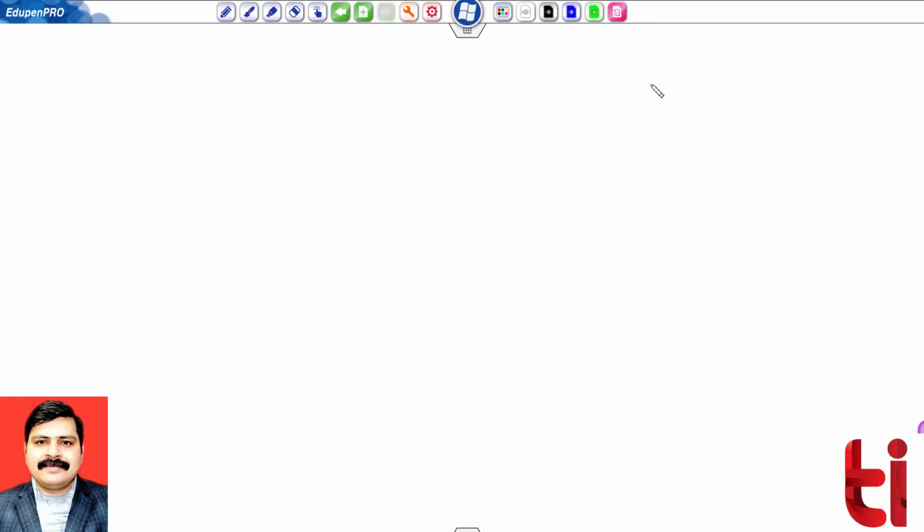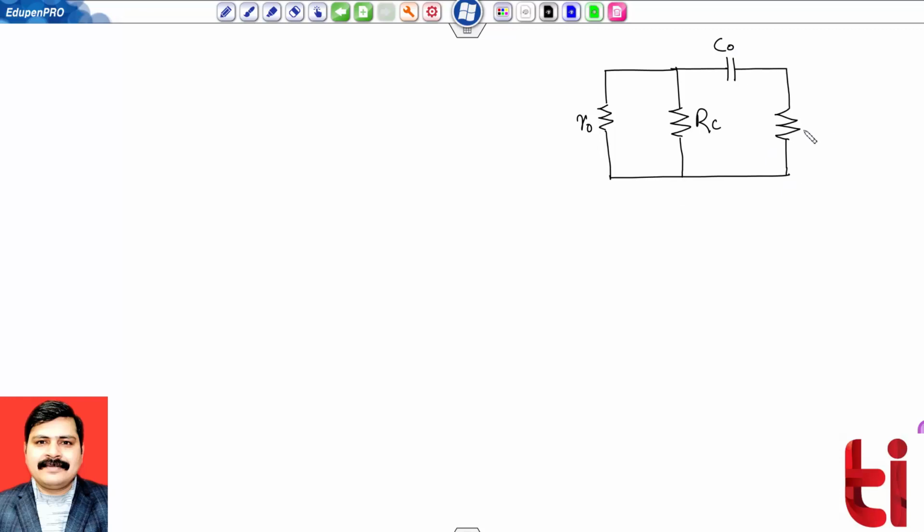The circuit will be the output resistance of my amplifier in parallel with the collector resistance RC, and we have connected a coupling capacitor C naught to the load resistance where we are measuring the output voltage V naught, and we have measured R naught across here.